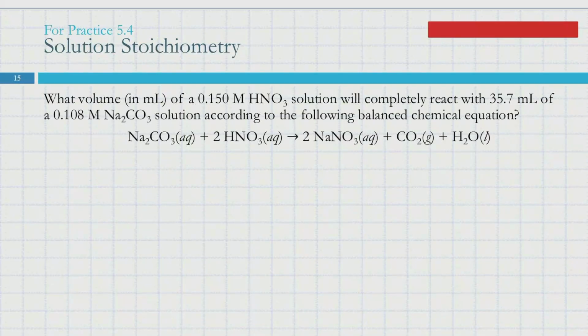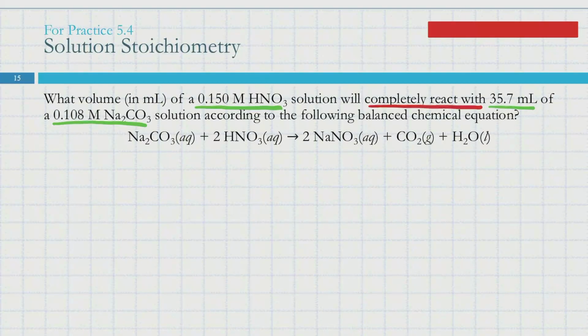What volume of a 0.15 molar HNO3 solution will completely react with 35.7 milliliters of a concentrated sodium carbonate solution, according to the following balanced chemical equation?